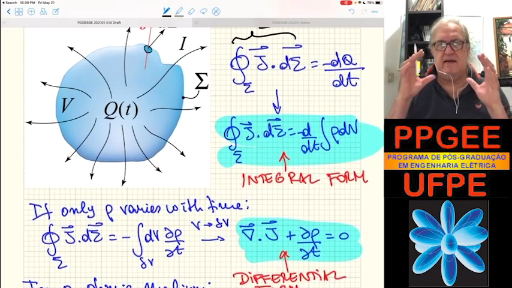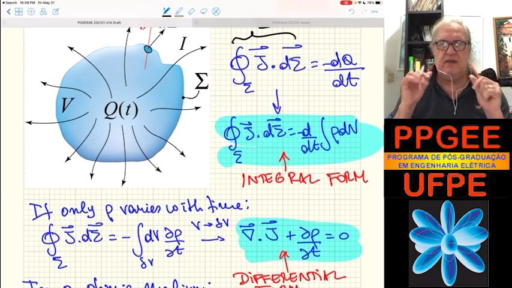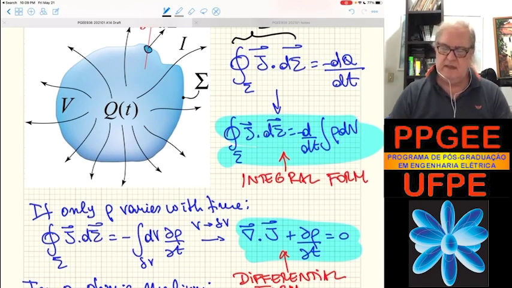Well, if we fix the volume, the only thing that varies with time is the charge density. So if only rho varies with time, the derivative in time is applied directly to rho.